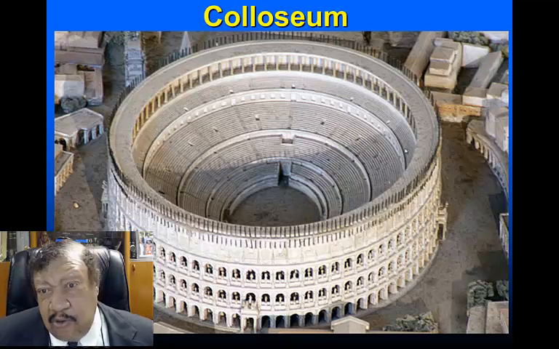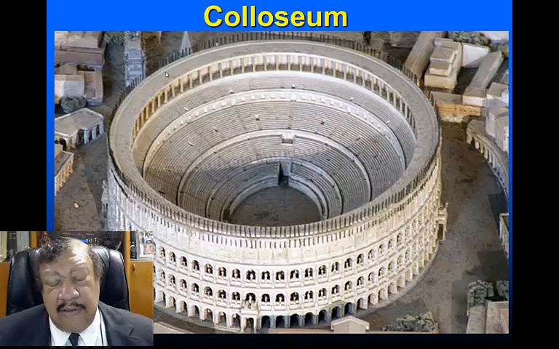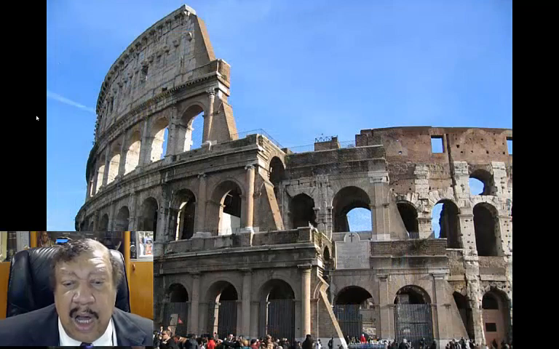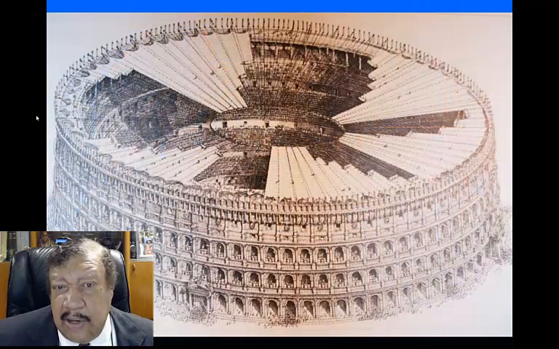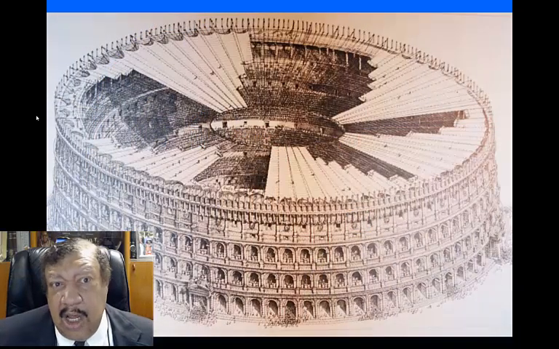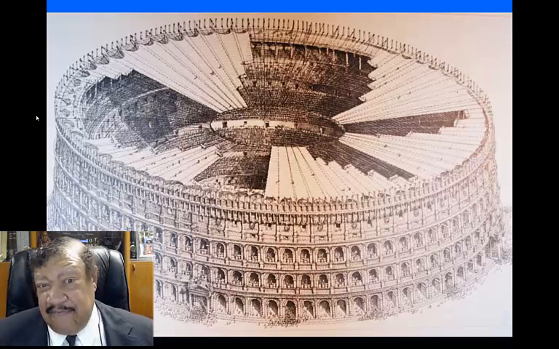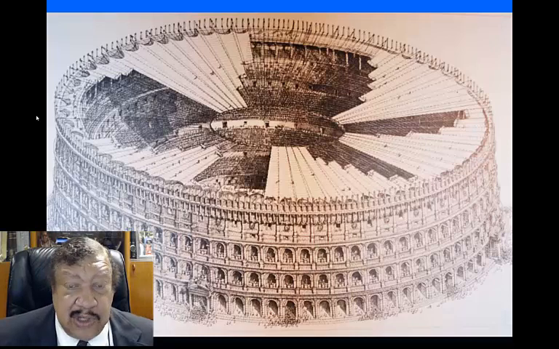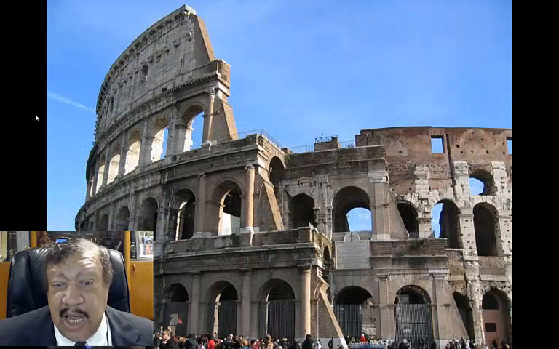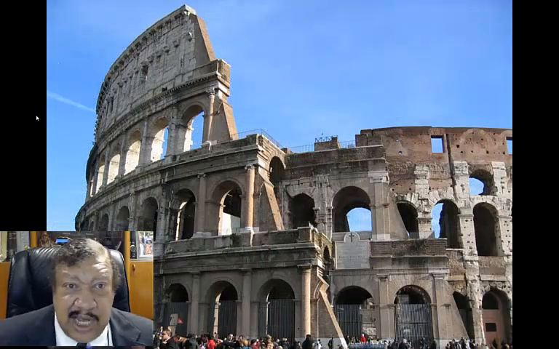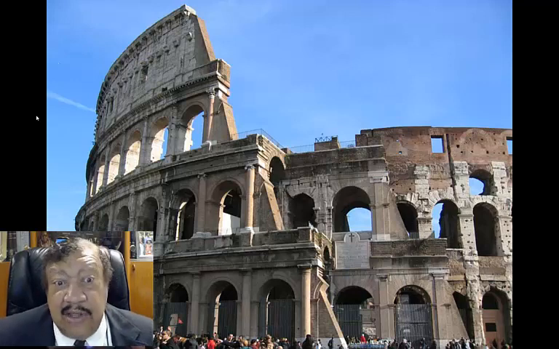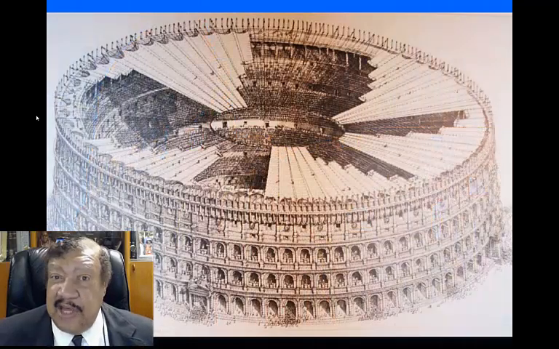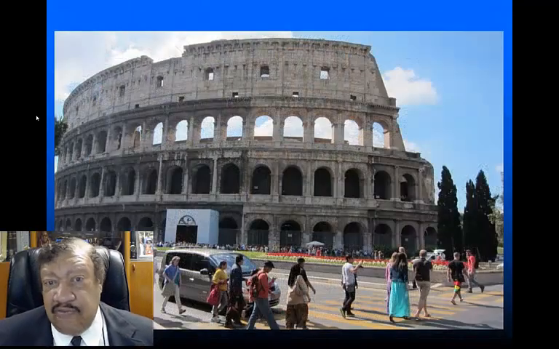Now these posts up here represent that when they wanted to cover it, in a later episode here, we see they would pull this canvas over the Colosseum. And of course, this is the way it looks today, still standing, the arches still holding, and this is the famous Colosseum of Rome.